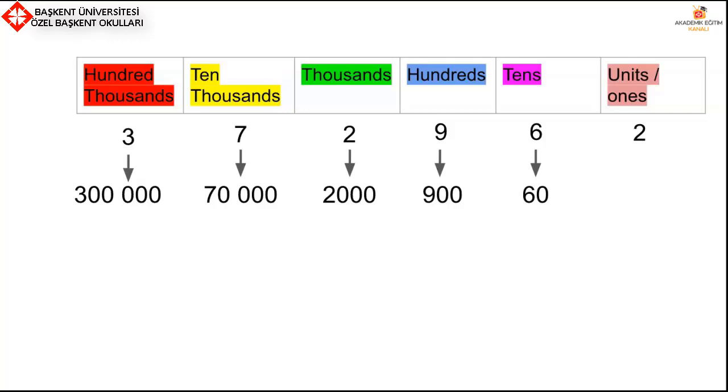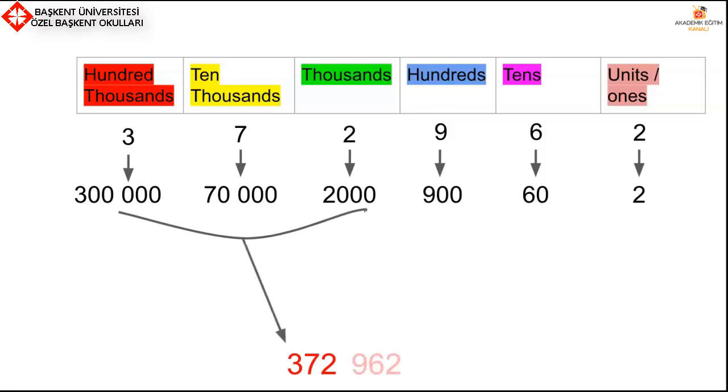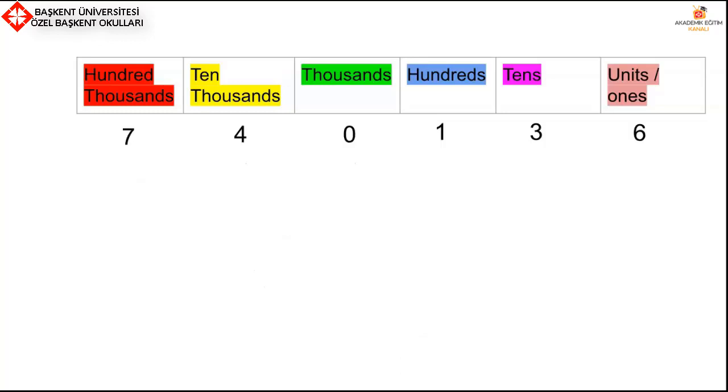And how many units or ones? There's 2. Now, when you're actually saying this number, you put the thousands all together. So you'd say 372,962.